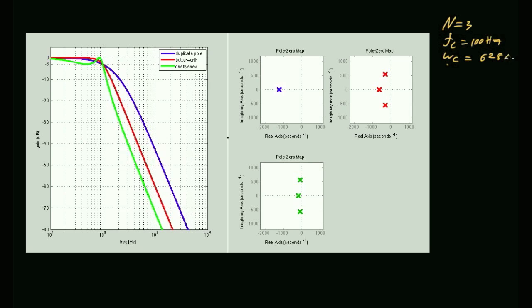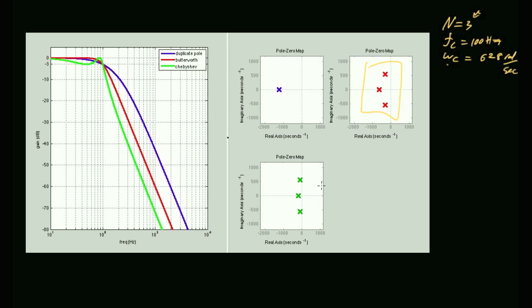And in the case of the Chebyshev filter, the 3 poles I need are here. Okay, so I want you to see that. The poles are in different frequencies. All right, even though both of them yield a third order filter with the same net cutoff frequency, in order to build those filters, I need very different sets of poles.